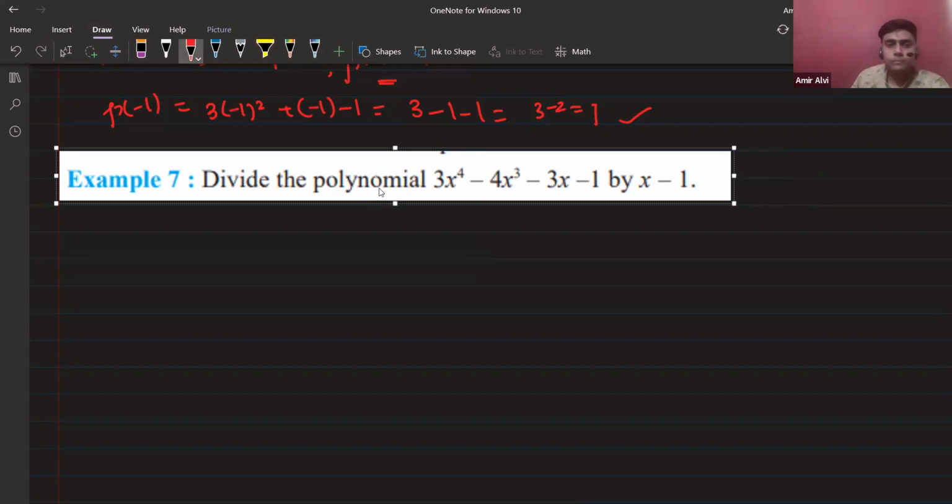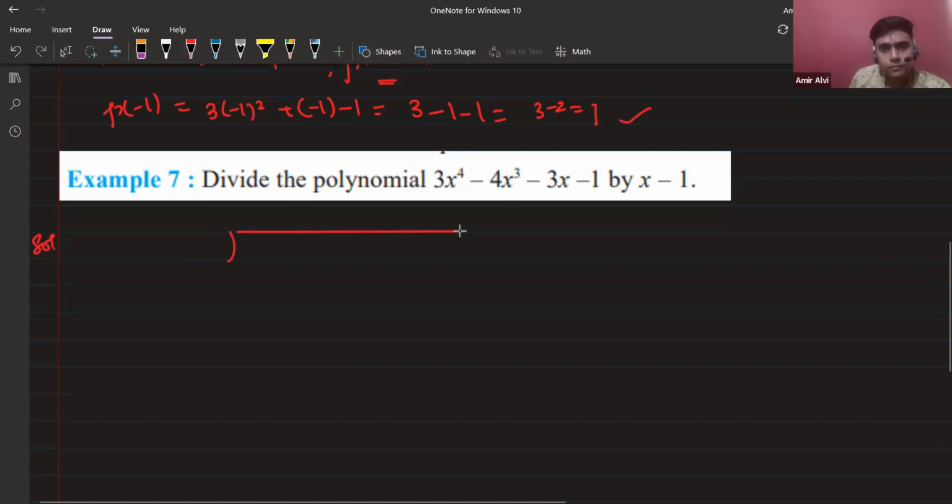The question is saying that divide the polynomial by this. So what should I write inside the bracket?